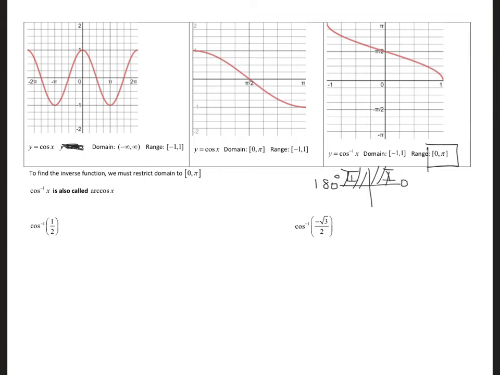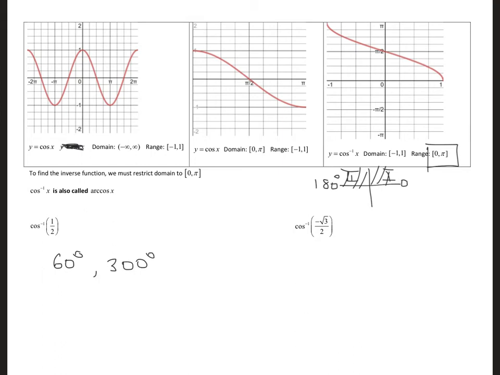Okay, now let's look at some examples here. So here we have cosine inverse of half. What is the angle whose cosine is half? Let me write all the possible answers down. I have 60 degrees in quadrant 1. And I'm looking at cosine, so the other positive value is going to be in quadrant 4, which is 300 degrees.